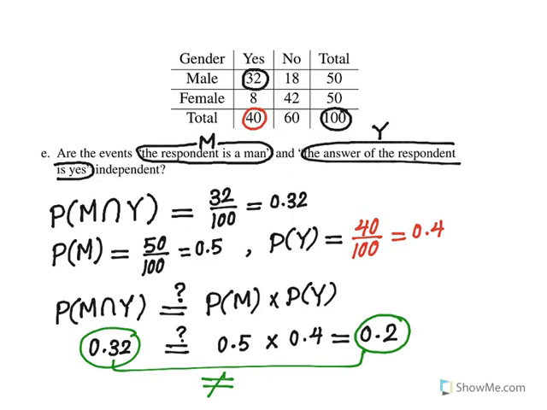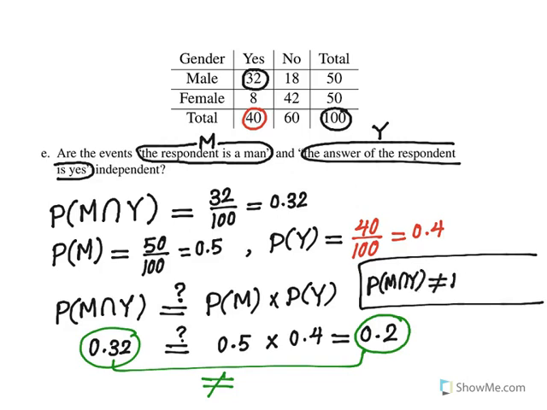So this means, I will put it here in a small box, that probability of male and saying yes is not the same as the probability of male times probability of saying yes. And this is exactly saying that the events are not independent.